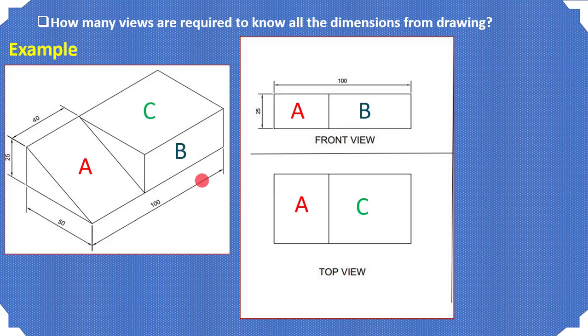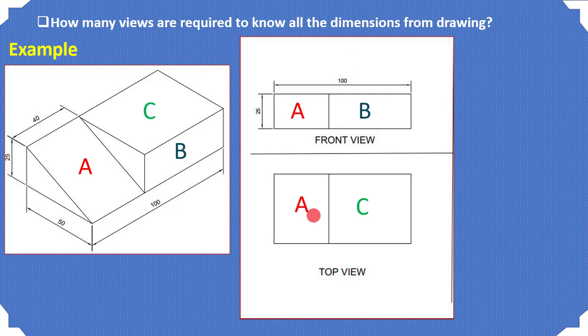Here you cannot see the inclination of surface A. You don't know that this surface A is inclined. You cannot see it in the front view, not even in the top view. What does it mean? In the front view and top view, the information regarding that object is not complete.